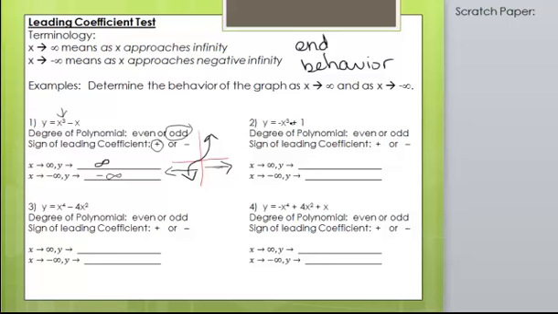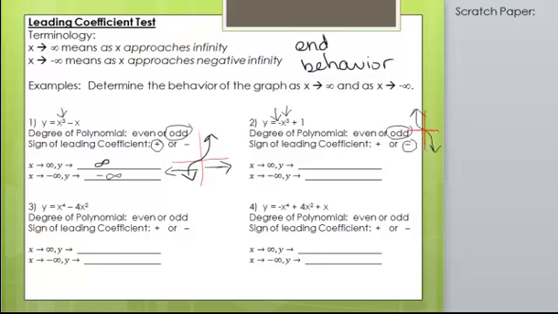So look at the next one. Remember, x cubed makes the S shape, but what about the negative? What does that do? That reflects it over the x-axis. So if you put a negative in front of your x cubed, it goes this direction. So the degree of this one is odd. The sign of the leading coefficient is negative, and that's how we get this shape.